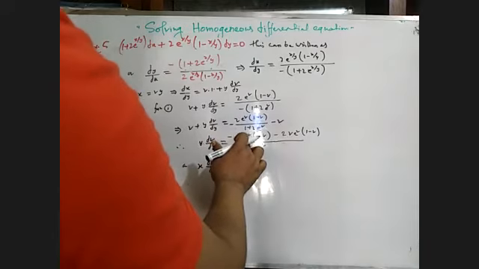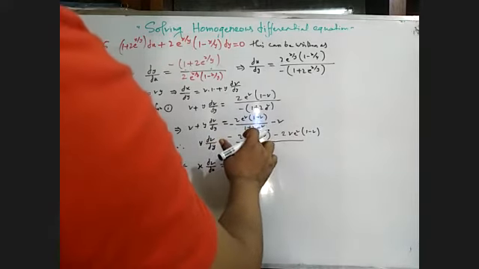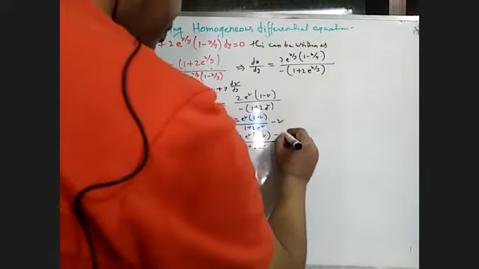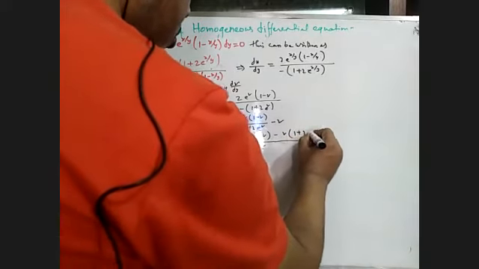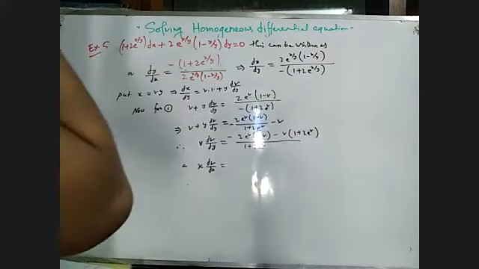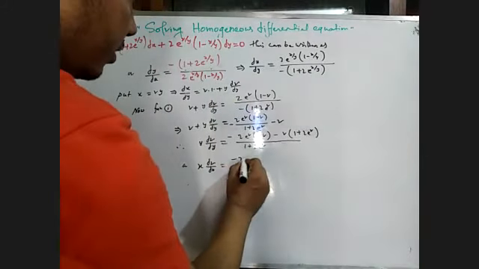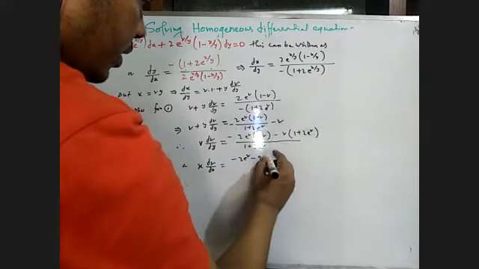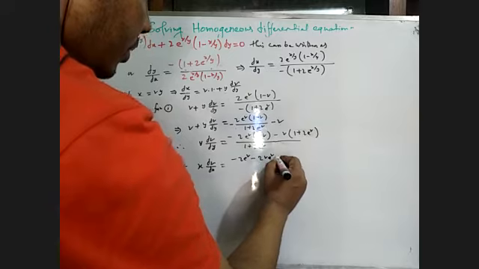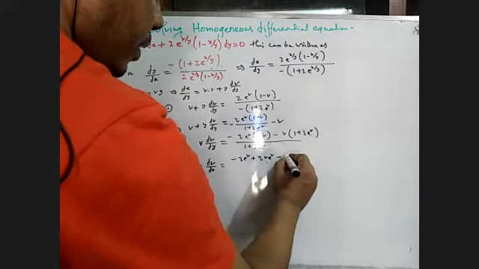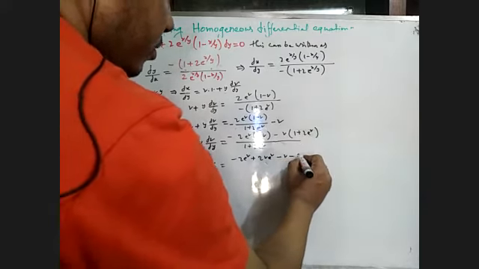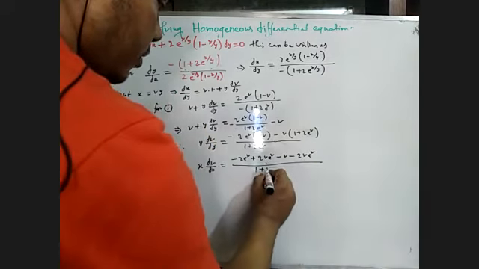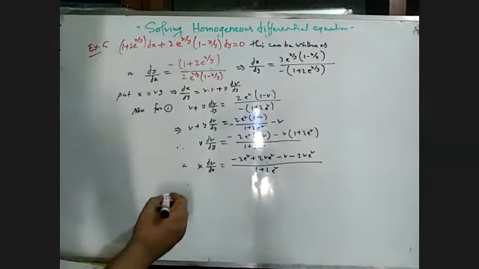Minus 2b e^b(1 − b) into what will be 1 + 2e^b. So minus 2e^b minus 2b e^b minus b minus 2b e^b, divided by 1 + 2e^b.